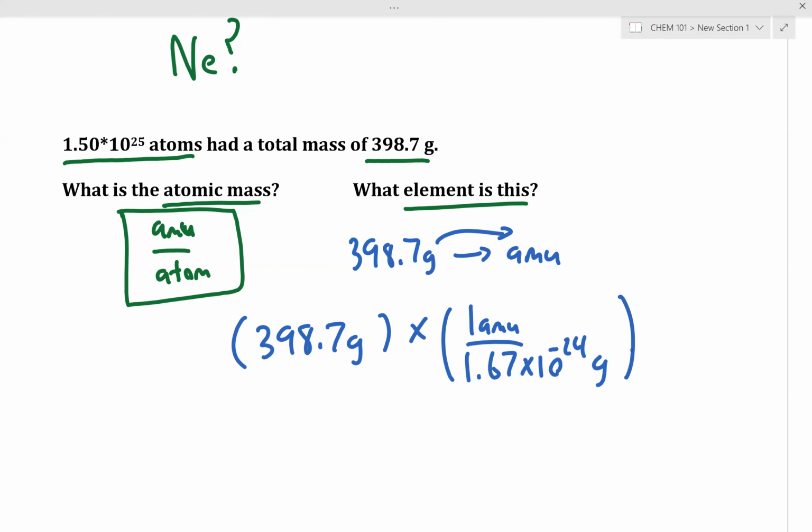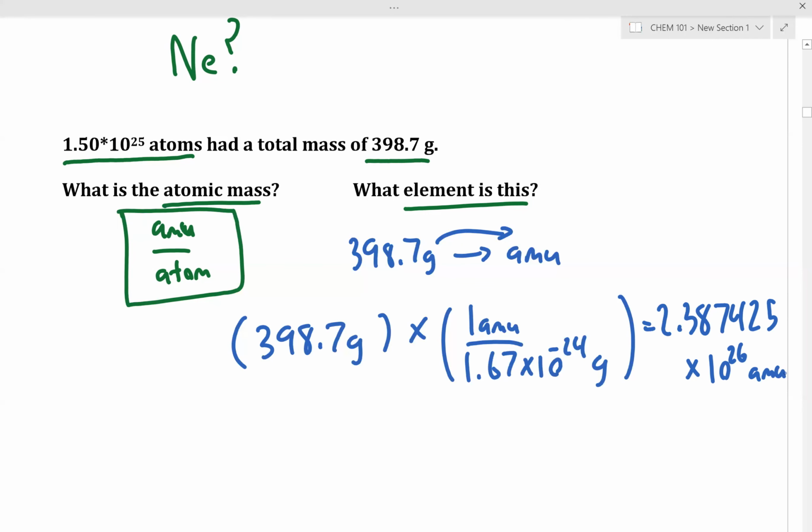So let's write down this number, remembering that we're not rounding until the end. So we're writing down all of these digits. So that gives us 2.387425 times 10 to the 26th AMU. Quite a large number.